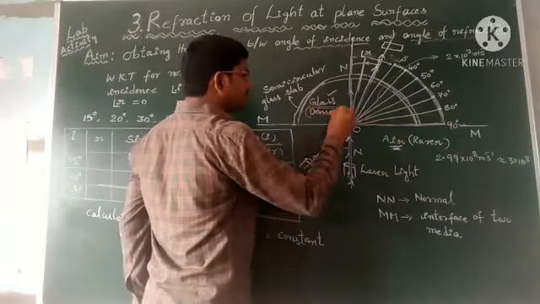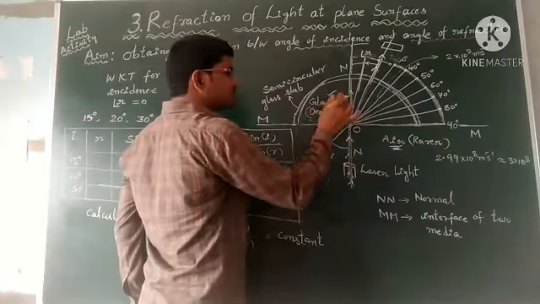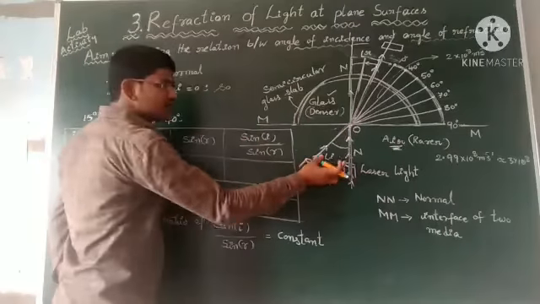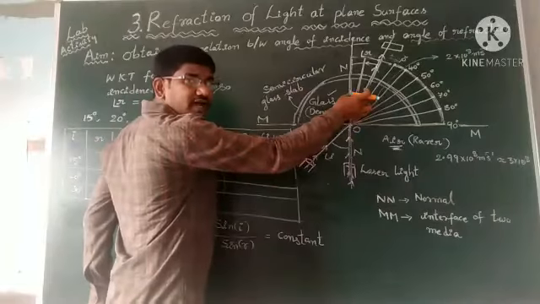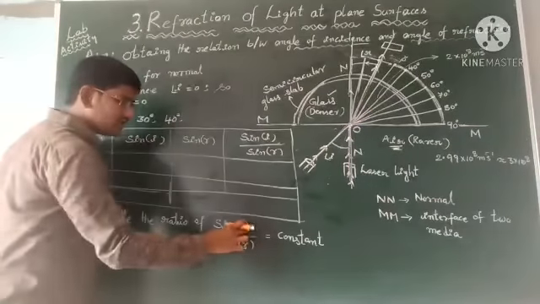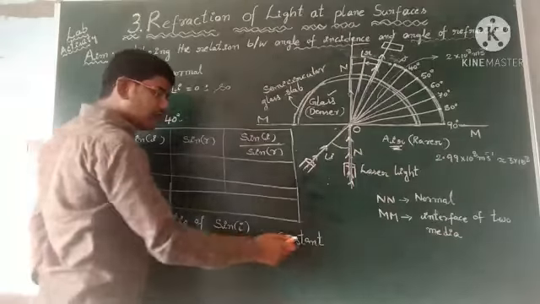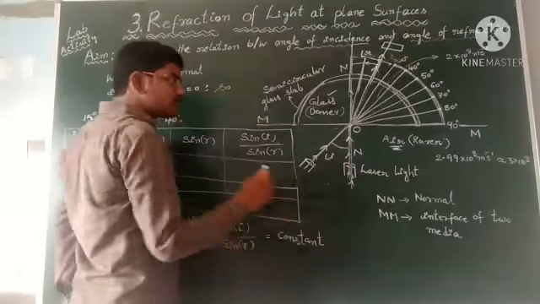Air and glass. For this given pair of media, whatever angle of incidence you take, you will get one angle of refraction, but the ratio of sin I by sin r always remains constant.